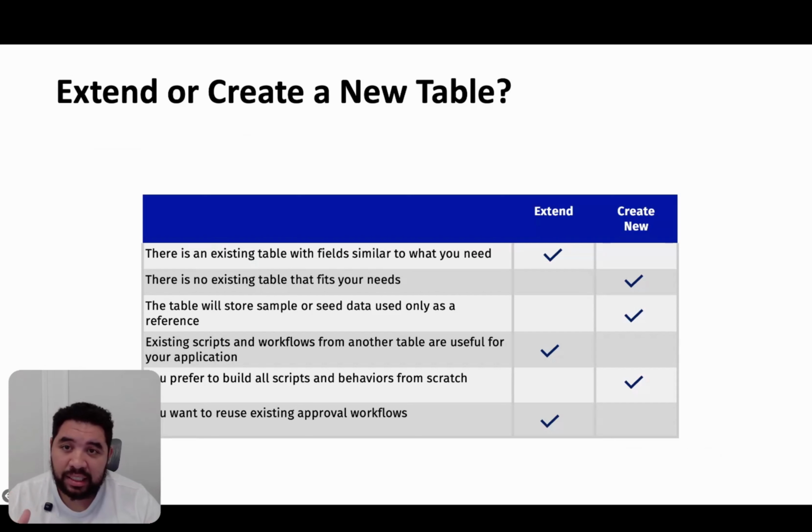So this is the decision: extend or create a new table. In short, if reuse and consistency are important, extend. If independence and customization are required, create a new table.